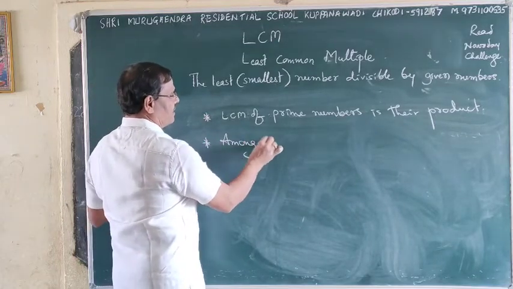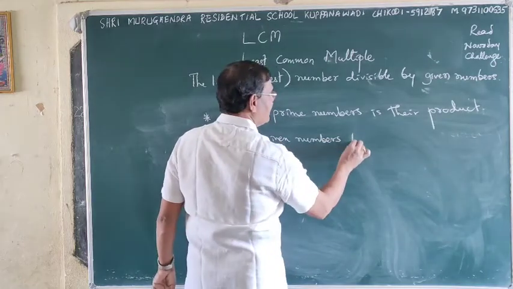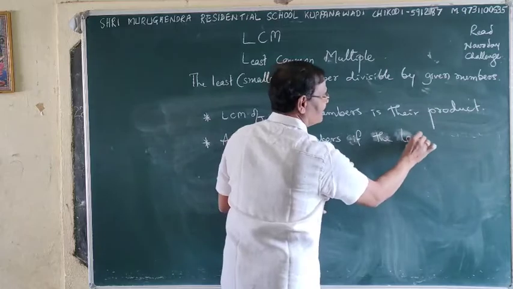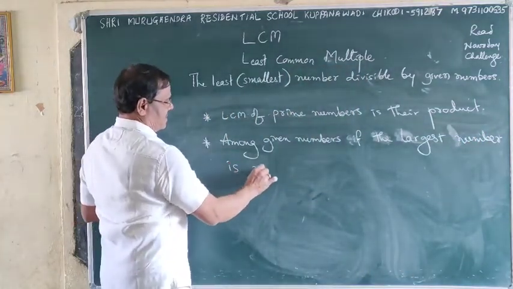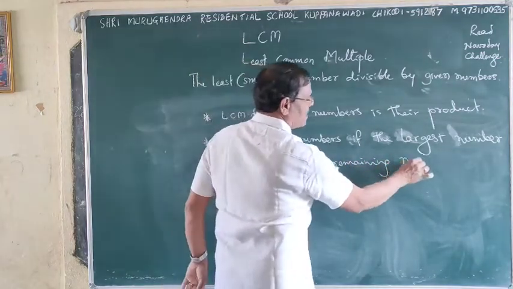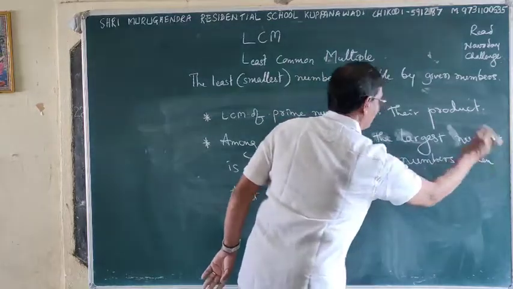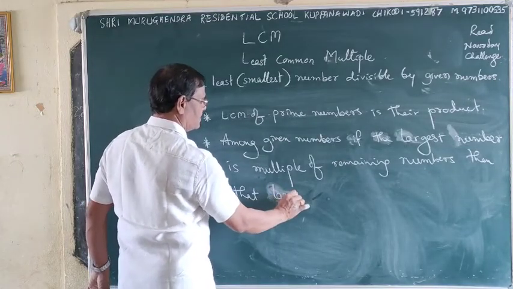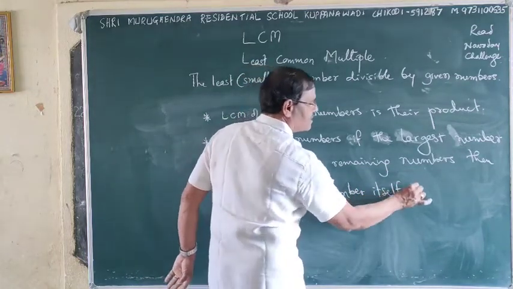Then among given numbers, if the biggest, largest number is a multiple of the remaining numbers, then that largest number itself is the LCM.